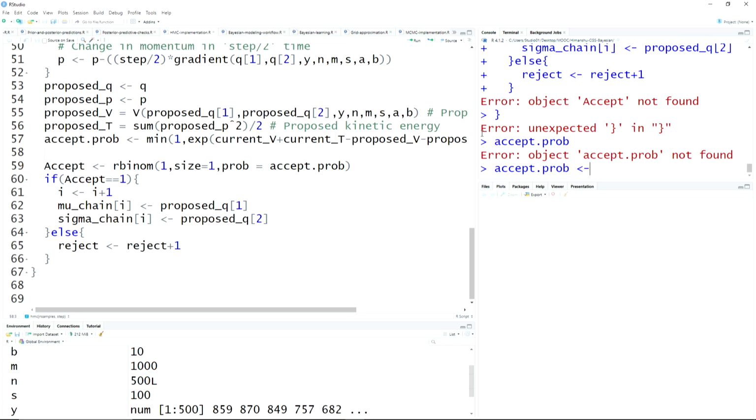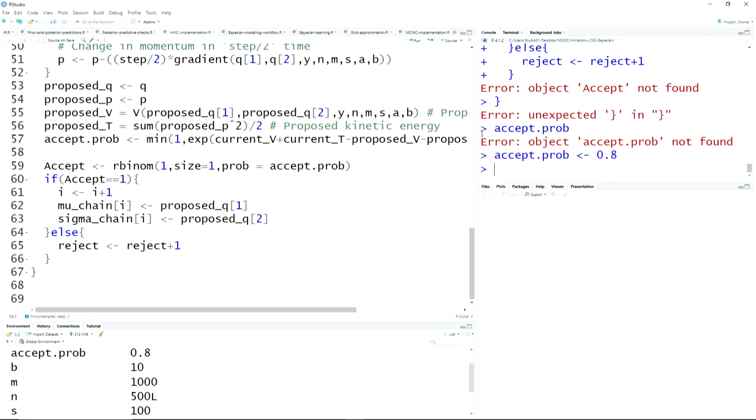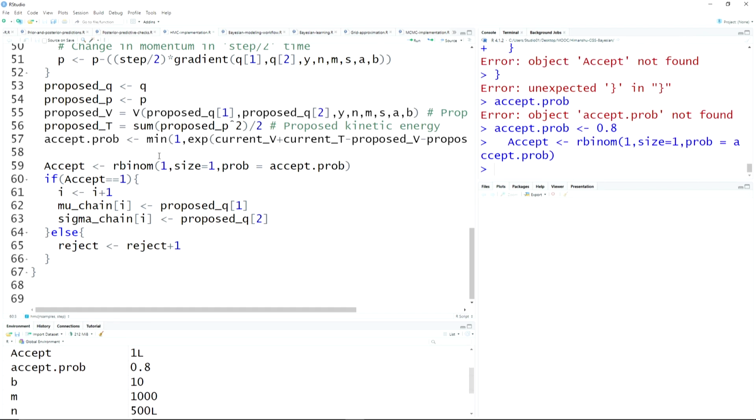So that's acceptance probability 0.8. Right, so why is this step not working?